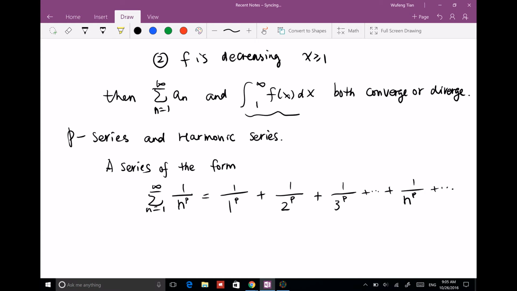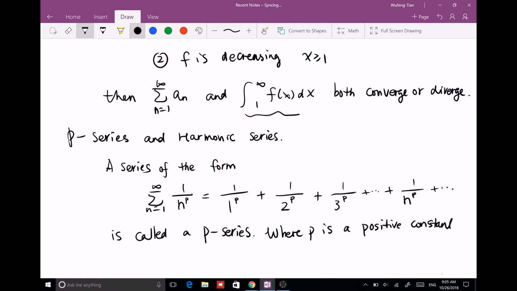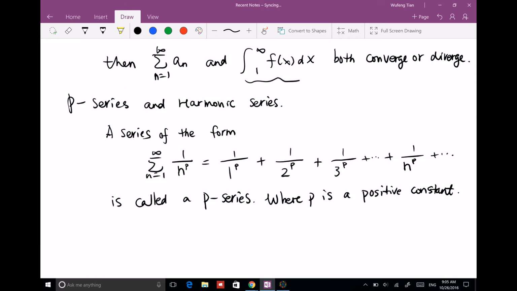This series is called a P series, where p is a positive constant.